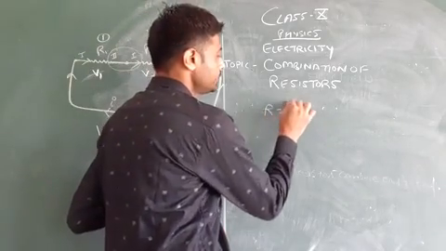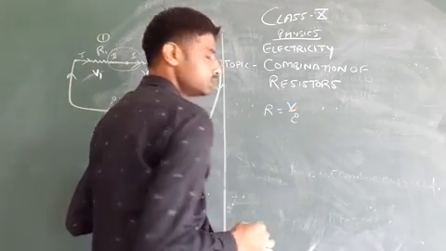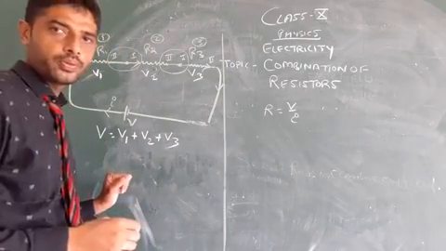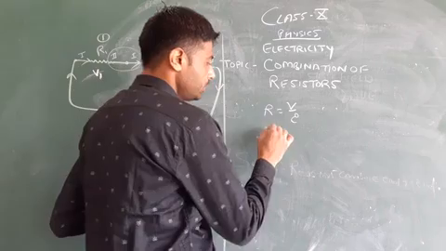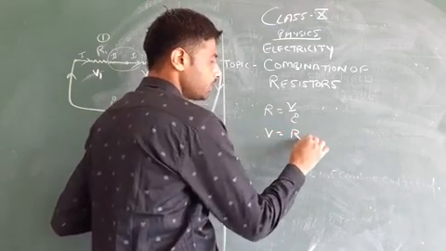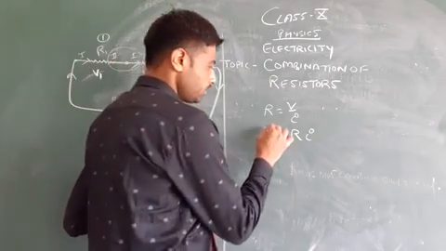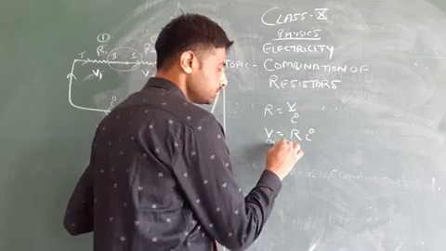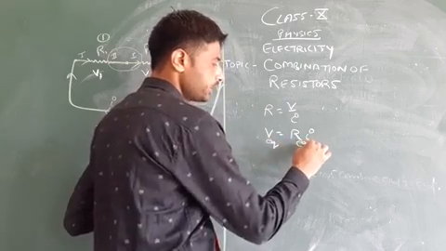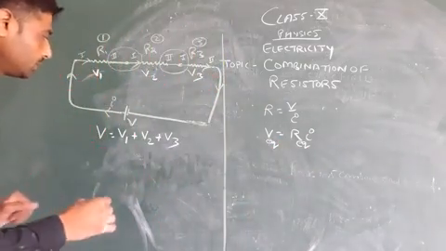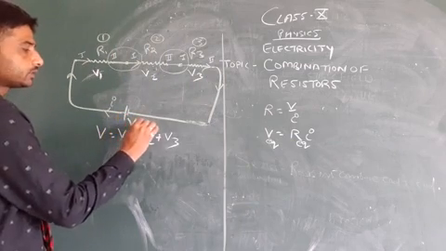R equal to V upon I. This is Ohm's law. And the value of V equal to RI. This V is the total, and this R is the equivalent resistance. This is V equivalent.